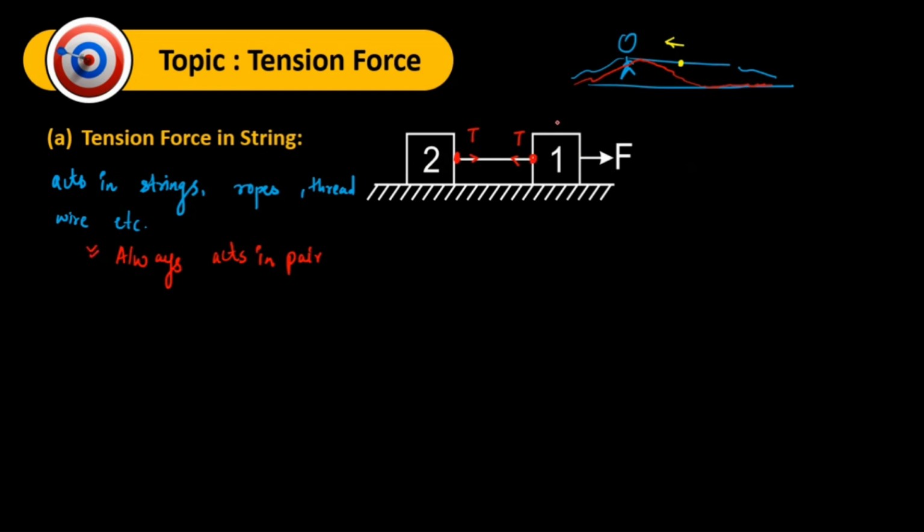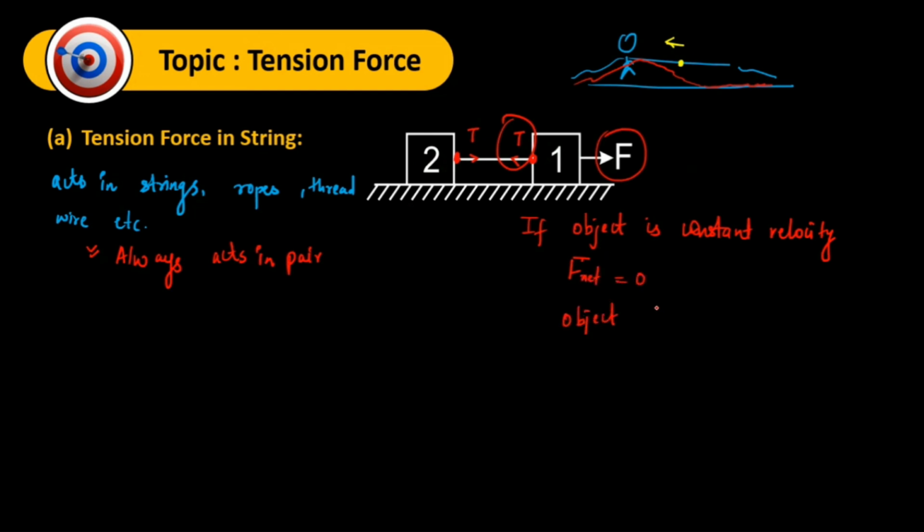This tension is generally equal to the force if the object is moving with constant velocity. Remember, if there is net force 0 on the object, the object may be at rest or it may be moving, but with constant velocity.